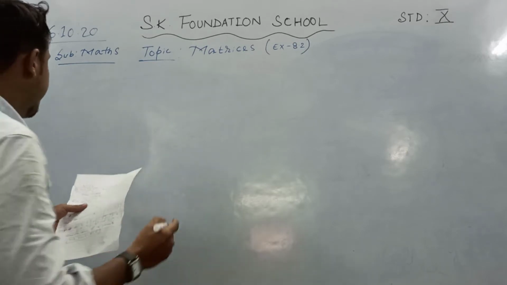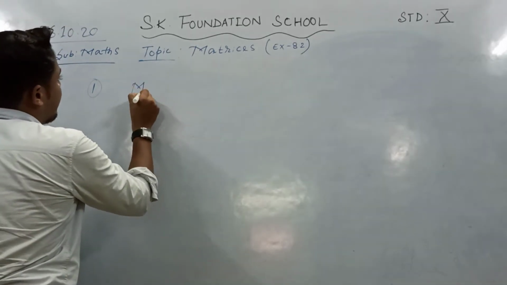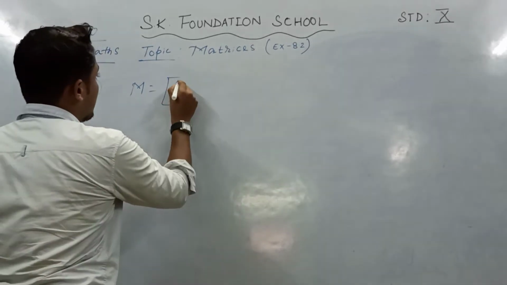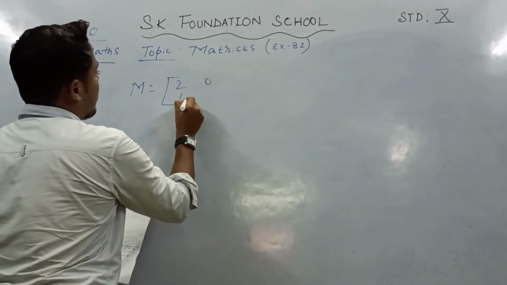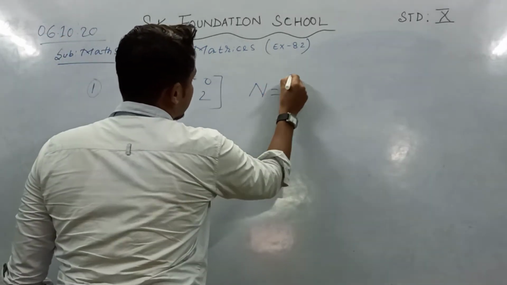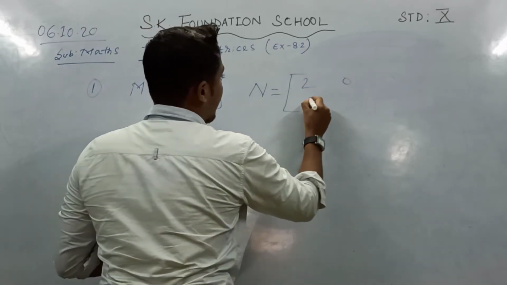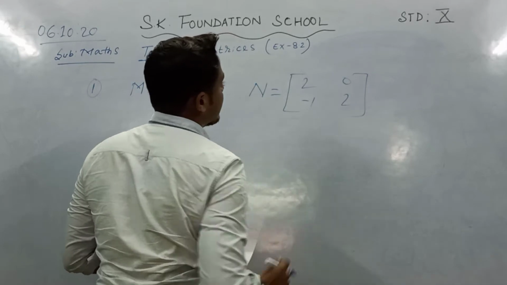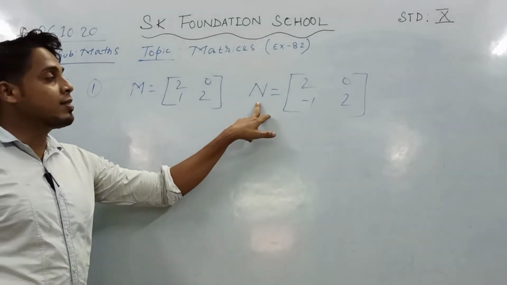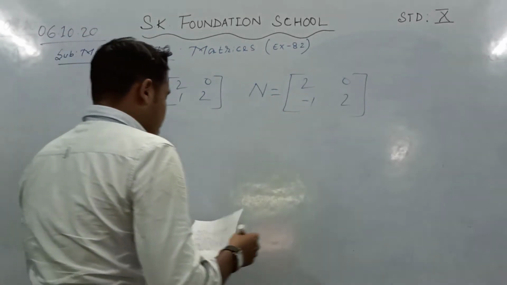So our first question. M equals 2, 0, 1, 2, M is one type of matrix, and N is another matrix, 2, 0, minus 1, 2.